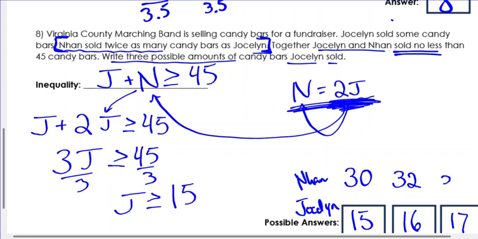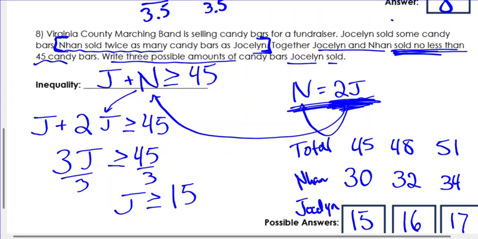Compared to 17 would be 34. So that would be Non, because he's selling twice as many. And if I think about adding these together, that would be 45. That would be 48. That would be 51. So that's exactly what I'm looking for. I'm looking for numbers that are no less than 45. So together they did sell 45 or more.